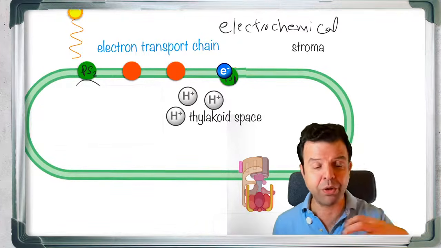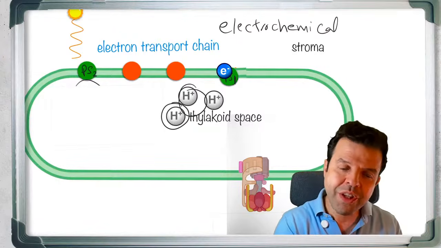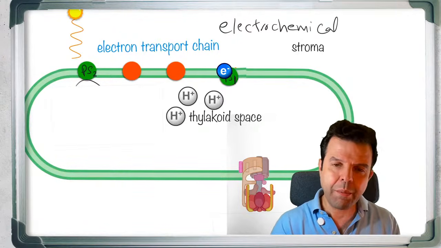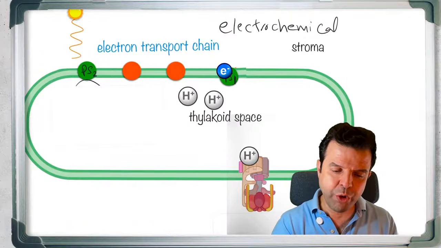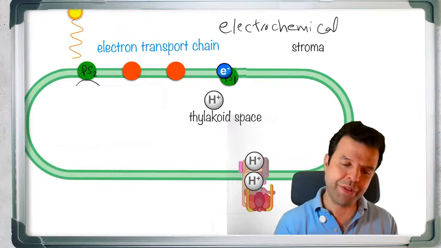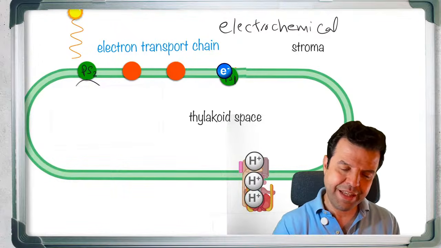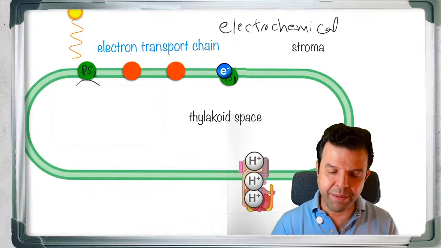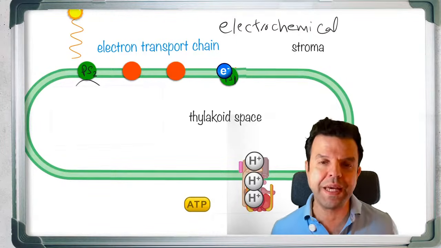Electrons. Chemical, because you got hydrogen ions inside. When these protons, or H plus, flow through that enzyme, the turbine thing, it will rotate it. And as a product, we will be forming ATP.